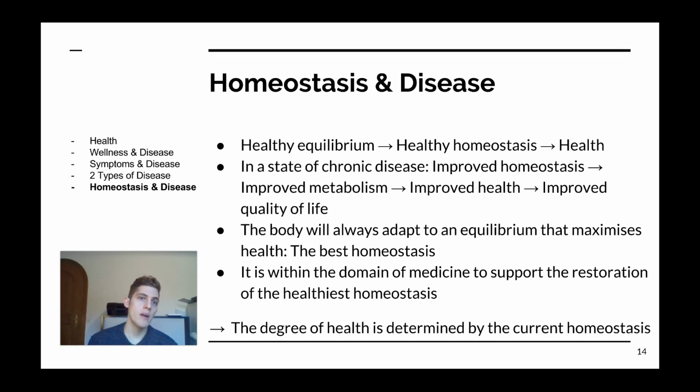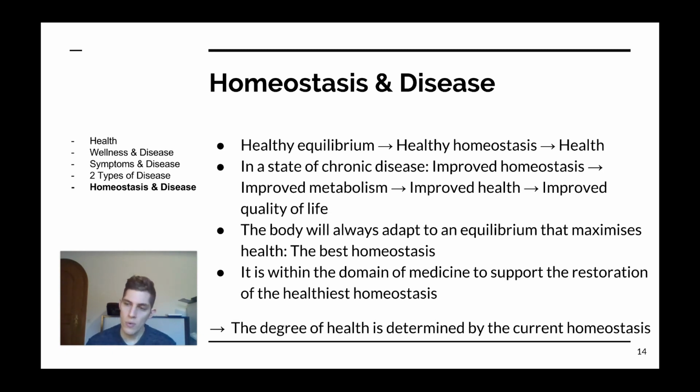Now, a few final remarks about homeostasis and disease. A healthy equilibrium means there is a healthy homeostasis, which means we have health. And this is a summary, basically. And when we are in a state of chronic disease, homeostasis is an important concept, as we saw that there are different levels of equilibrium that determine different degrees of health and disease.